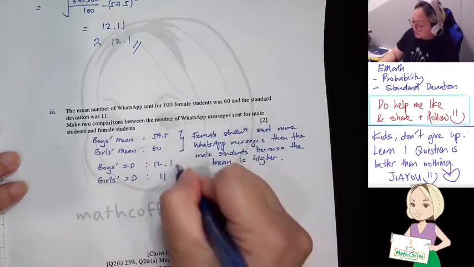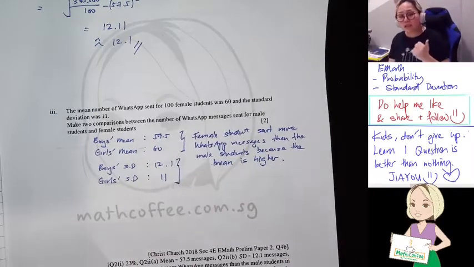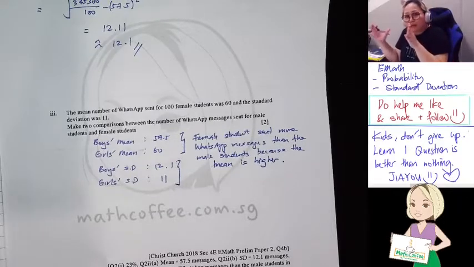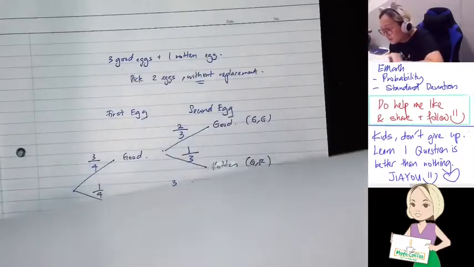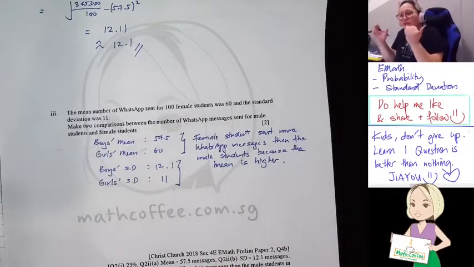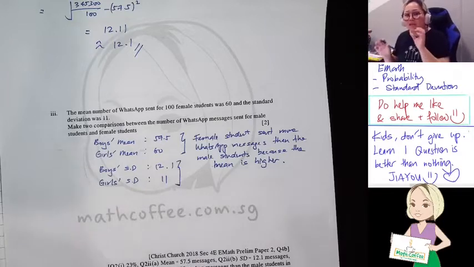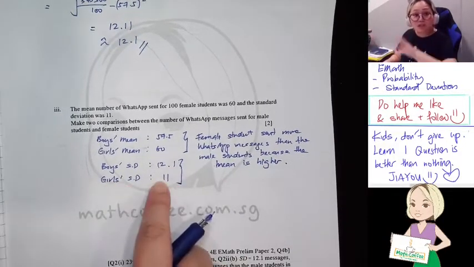Next, let's take a look at the standard deviation. So what is standard deviation? The smaller the standard deviation is, it means that your data are all very packed together. That means they're very close to each other. In other words, more consistent. So use the keyword: if the standard deviation is smaller, it means that they are more consistent. With this, you can see that the girls' standard deviation is the smaller number, right?